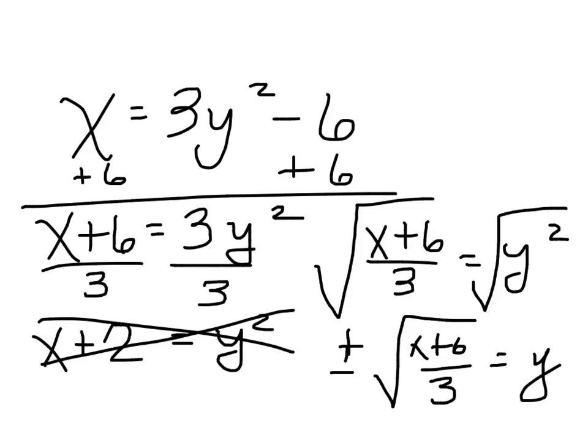When you type this in, depending on the age of your calculator, if you have an older calculator, this is how you'd want to type it. When you hit square root, it automatically comes up with a parenthesis. But if you close it here, then it's only taking the square root of x plus 6 and not the square root of the whole thing.